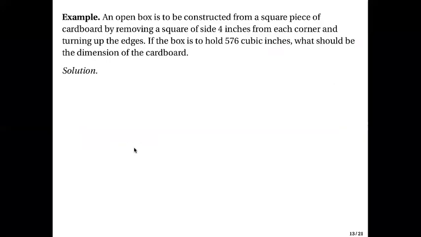An open box is to be constructed from a square piece of cardboard by removing a square of side 4 inches from each corner and turning up the edges. If the box is to hold 576 cubic inches, what should be the dimensions of the cardboard?